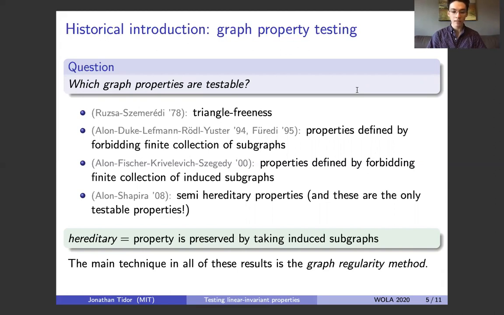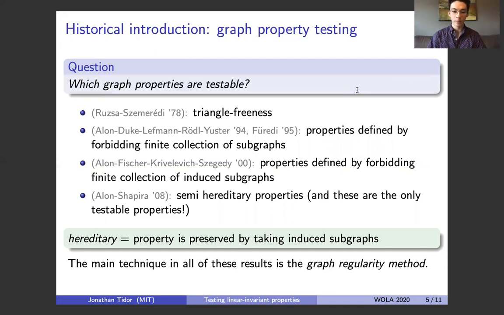Now here, a hereditary graph property is a property that's preserved by taking induced subgraphs. For example, if I have a graph which is bipartite, when I take any induced subgraph of the graph, it'll still be bipartite. So Alon and Shapira show that all hereditary graph properties are testable, and they actually show a slightly larger class called the semi-hereditary graph properties are also testable.